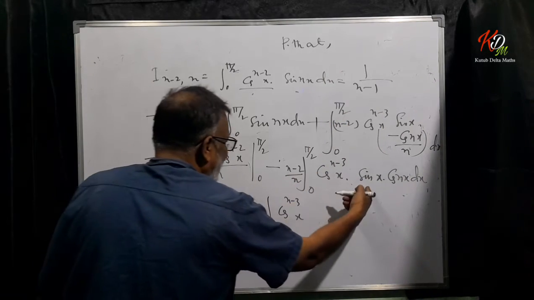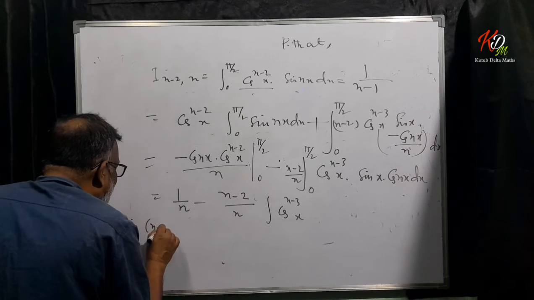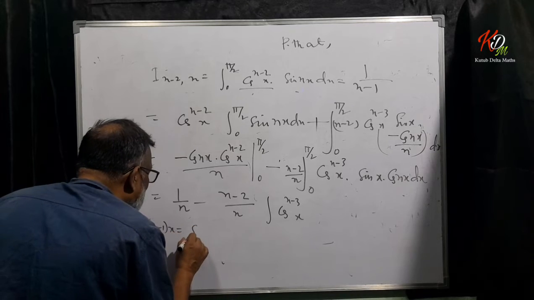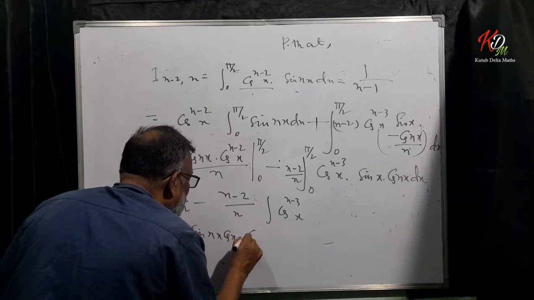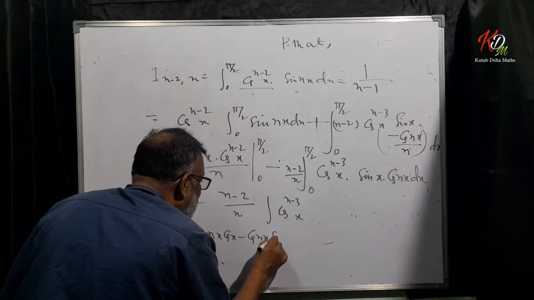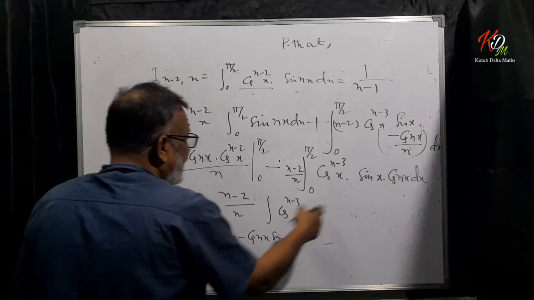Now for sin x cos nx, we know the basic formula: sin of n minus 1 x equals sin nx cos x minus cos nx sin x.